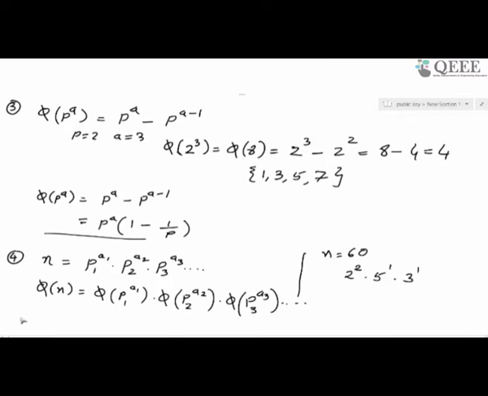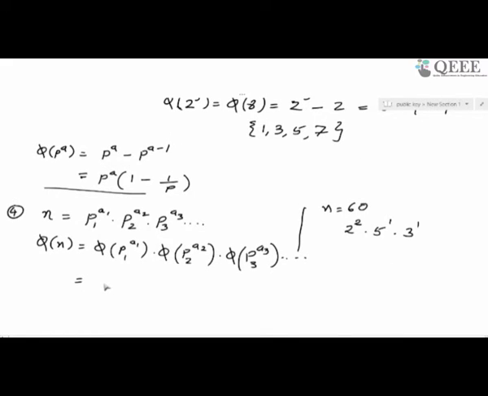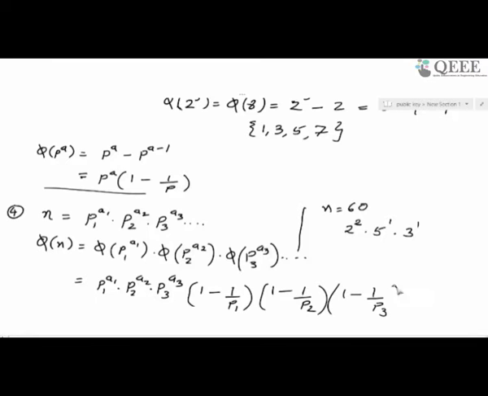Using the rule that we have here, this is equal to p1 a1 into p2 a2 into p3 to the a3 into 1 minus 1 by p1 into 1 minus 1 by p2 into 1 minus 1 by p3.